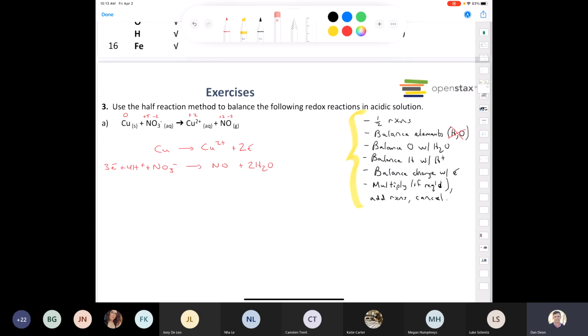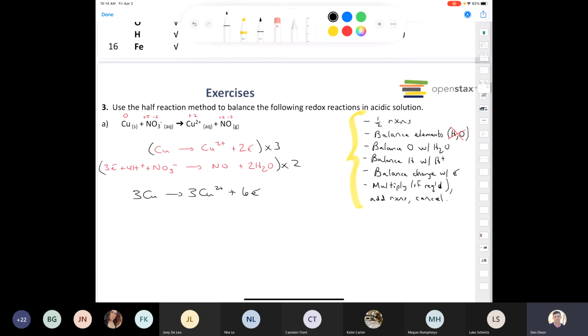I cannot add them together in this form, can I? I have to take this one and multiply it by 3, and take this one and multiply it by 2. Why? Because in both cases I'll end up with 6 electrons in each one, and I want to cancel those. So now I'm going to have 3 coppers produces 3 copper 2+ ions plus 6 electrons.